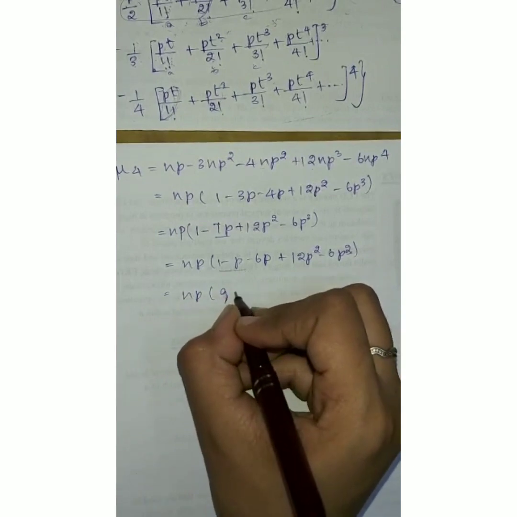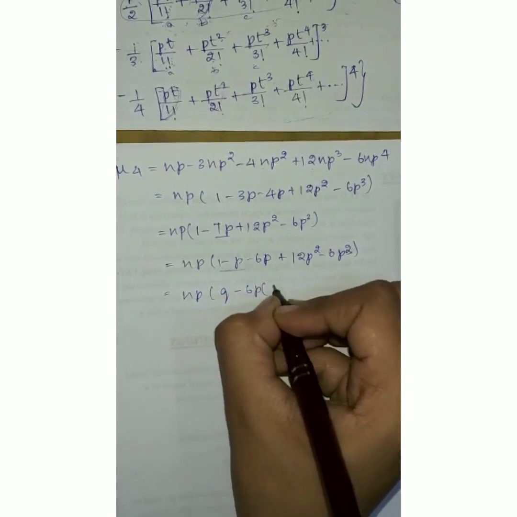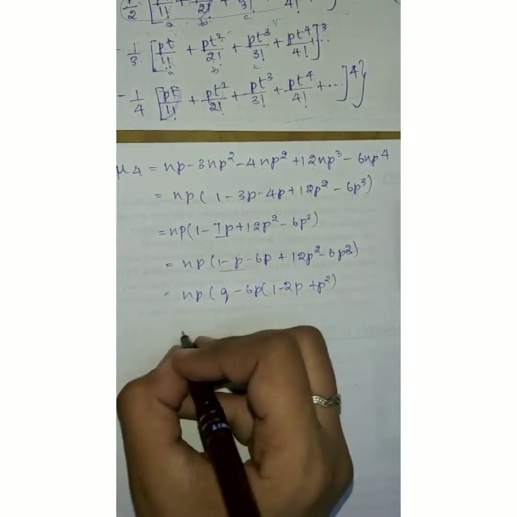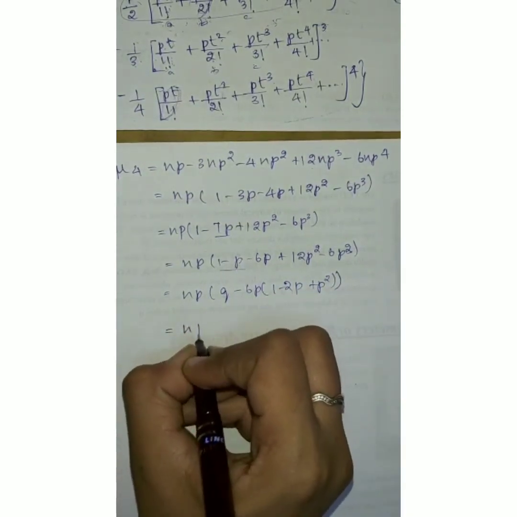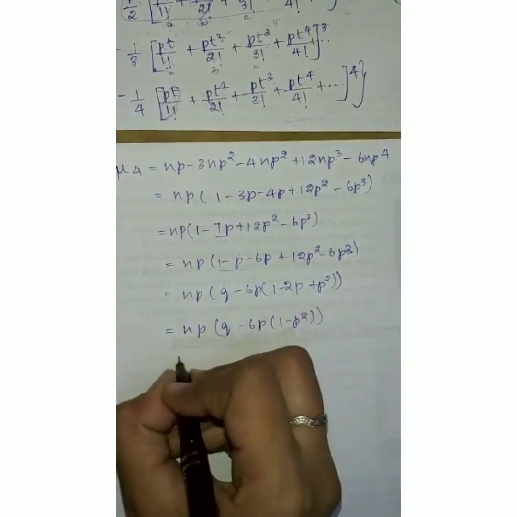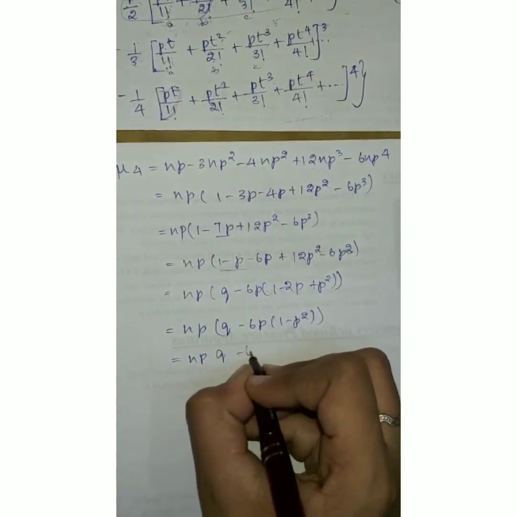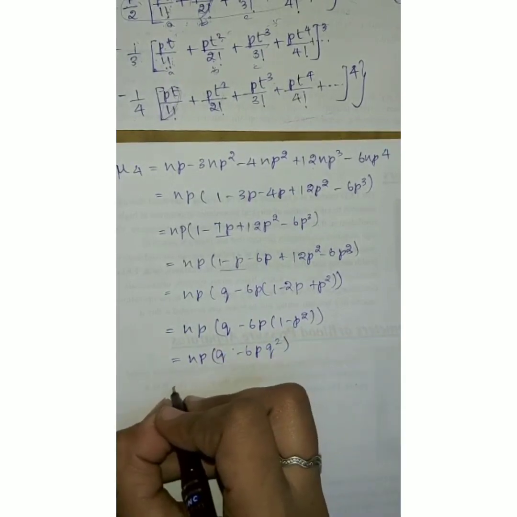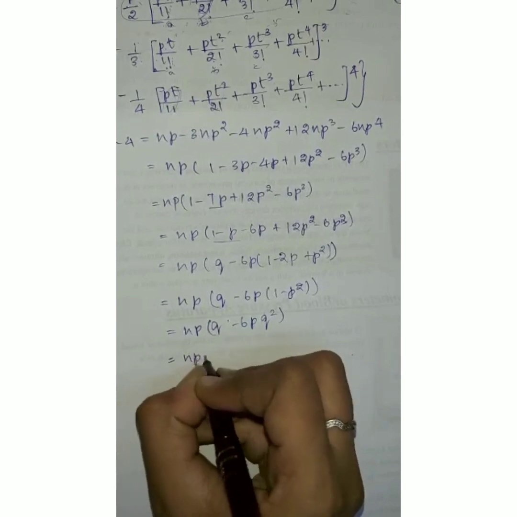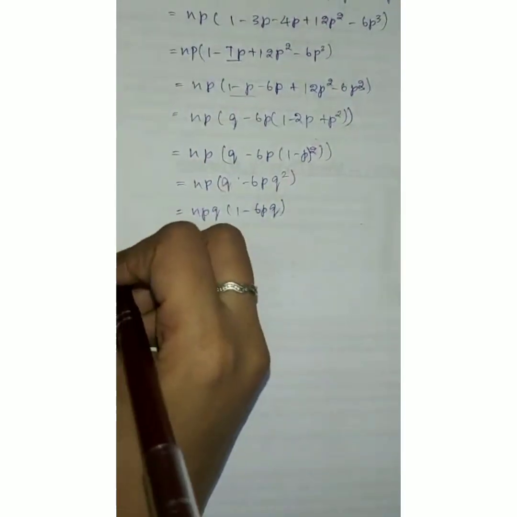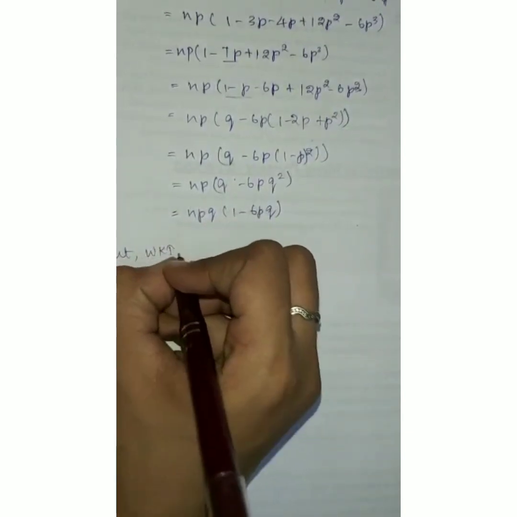And taking minus 6p common, we get 1 minus 2p plus p square. That is equal to np into q minus 6p into 1 minus p the whole square. That is equal to npq minus 6pq square, since 1 minus p is equal to q. Again taking q common, we get npq into 1 minus 6p. This is nothing but k4.